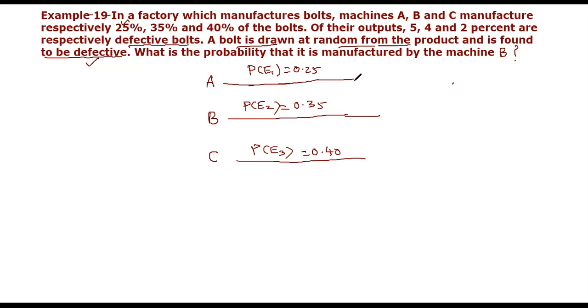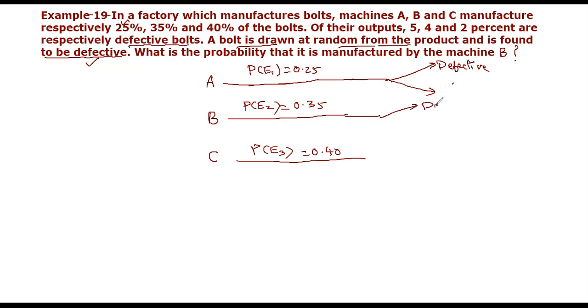Now, as I told you, there are two possibilities here: the machine will make a defective piece or not defective. This part is not given and we don't need it, because in the question they are asking about the defective only. So defective is asked, so we are going for defective only.